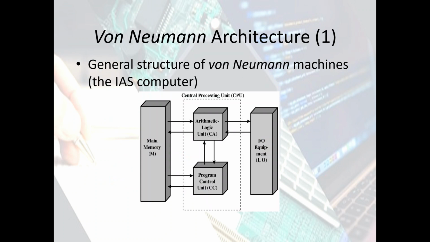So this is the von Neumann architecture. As you can see, the von Neumann architecture contains the central processing unit. So we have the arithmetic logic unit and the program control unit interconnected with the input-output equipment and the main memory.